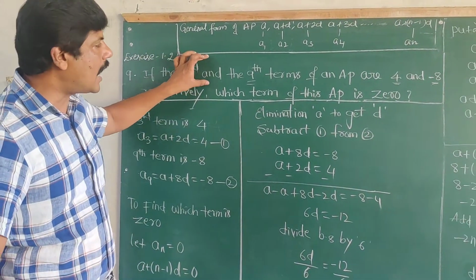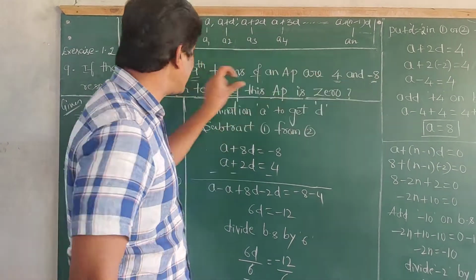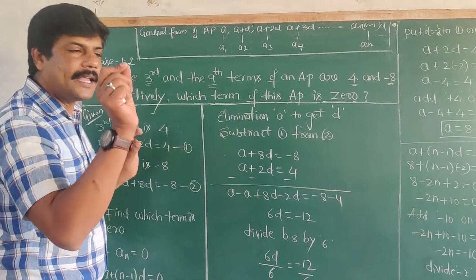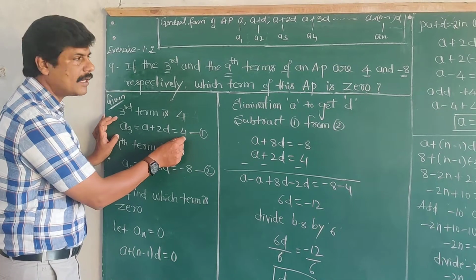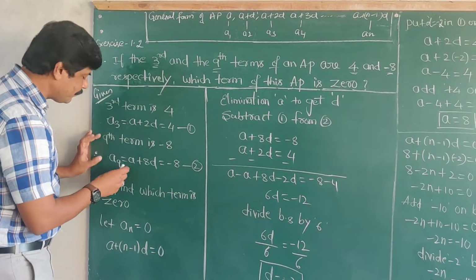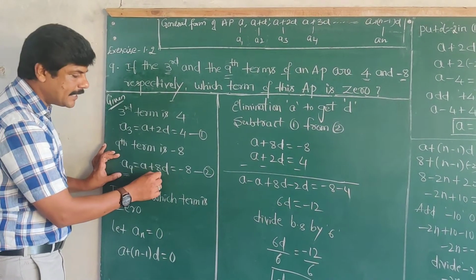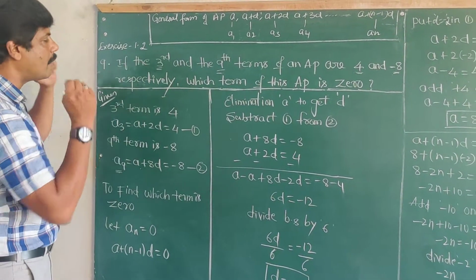Third term A3 is equal to a plus 2d, which is nothing but 4, and the 9th term A9 means a plus 8d is equal to minus 8. So this is the data collected from this problem.